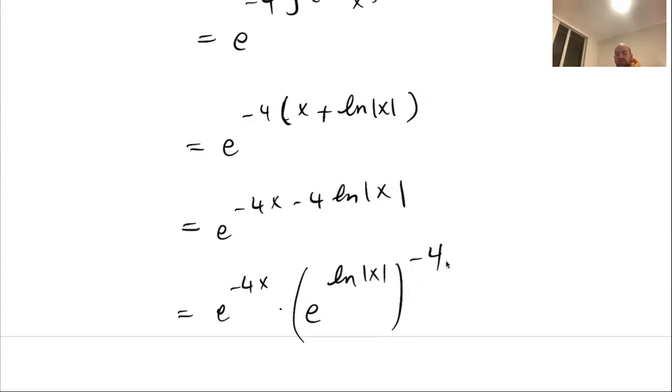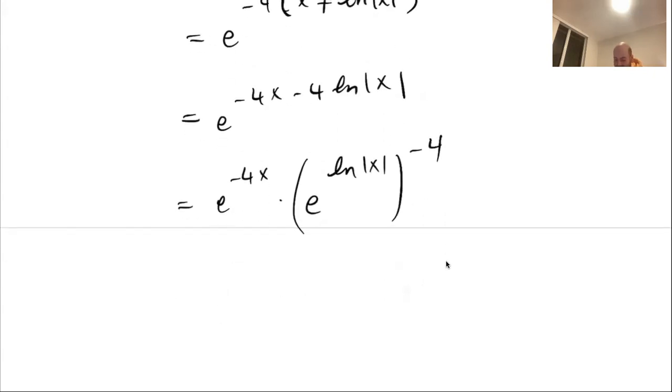This can be written as e to power minus 4x times absolute value x to power minus 4, because we know that e to power ln t is always t. So e to power ln absolute value x is absolute value x.